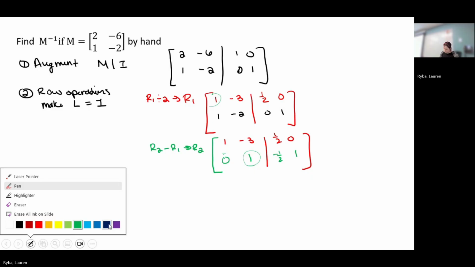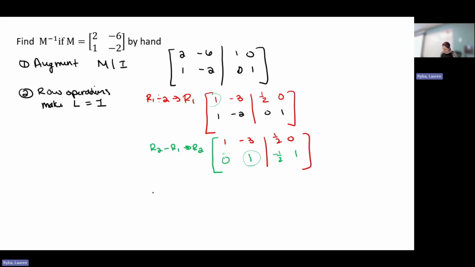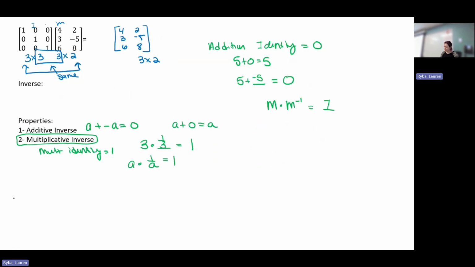So the last step is we're going to multiply row 2 by the opposite of -3. So this is where we're working with that additive inverse, right? The additive inverse, the goal is to get that 0 there. So this is what we do back here when I was talking about addition identity.